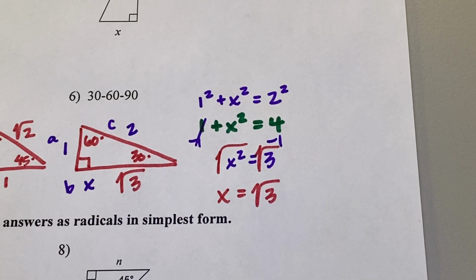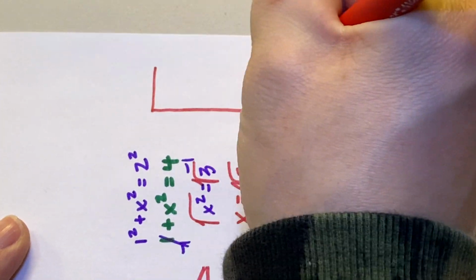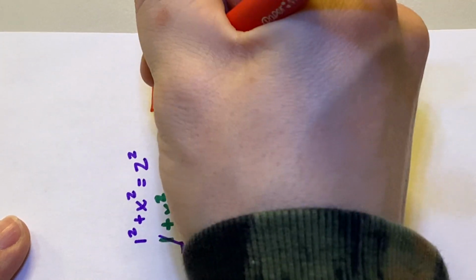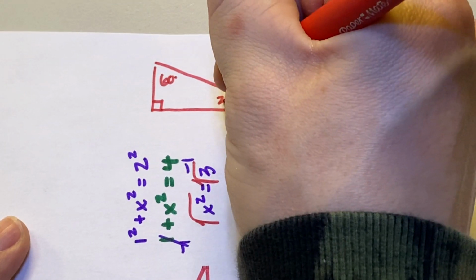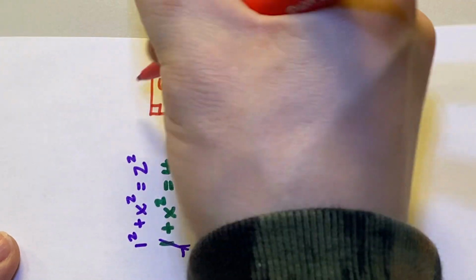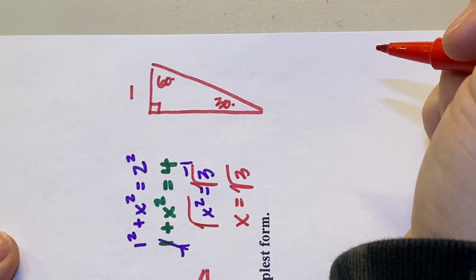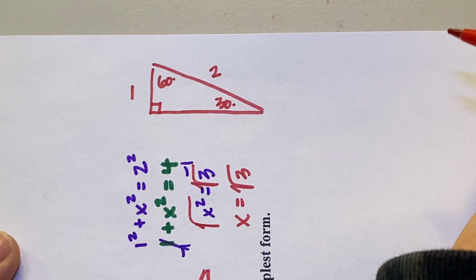Okay, so let's draw ourselves a nicer one that we can refer to. I'm even going to flip my page to the side to give myself some more space. Here is my 60, because that's opposite the bigger side. 30 is opposite the smaller side. We know that the small side is 1. The hypotenuse is just 2.